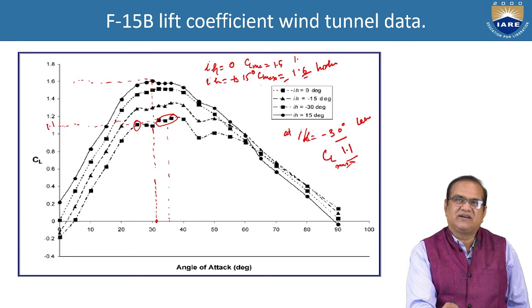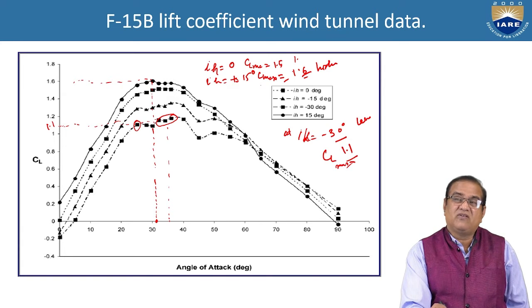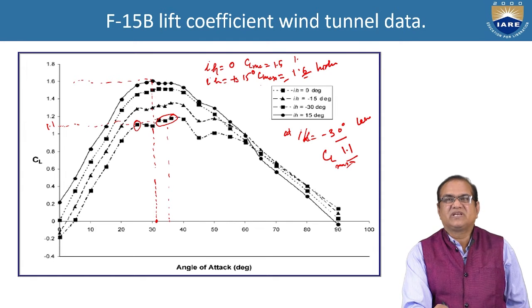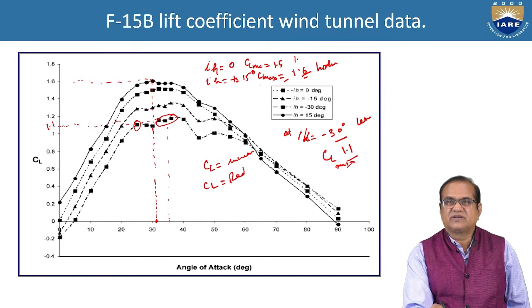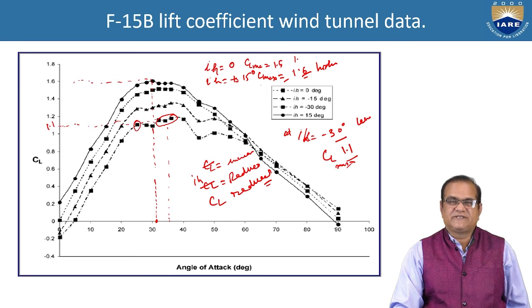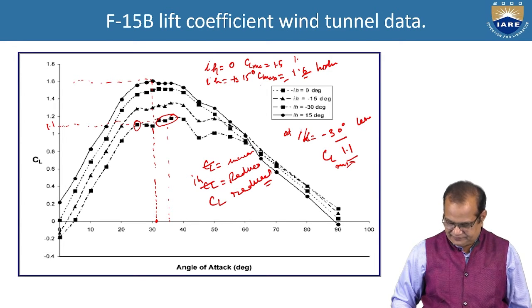So the effect of incidence angle is that as it is increased, the coefficient of lift also increases. If IH is reduced, CL also reduces. Okay, that is the output of this discussion.